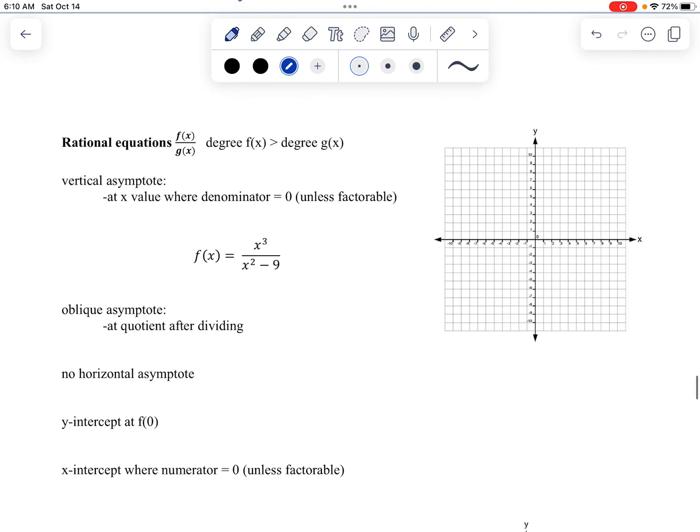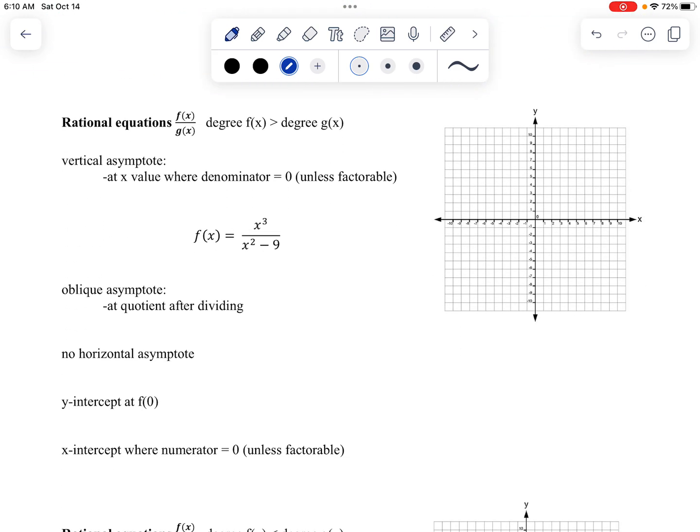Now let's look at a couple other cases. What happens when you have a rational equation and the degree on top is bigger than the degree on the bottom? So what happens in this case? So first of all, let's think of the vertical asymptote. Again, same concept.